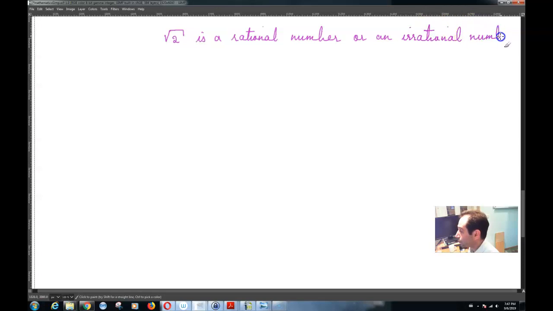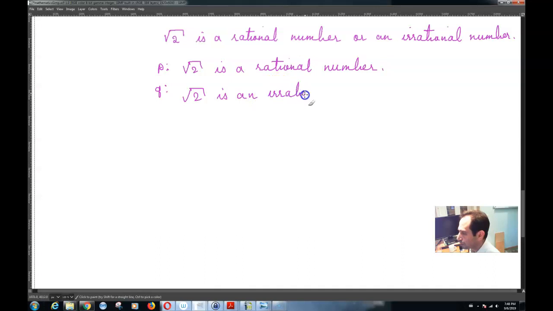The component statements, if you call them P and Q, would be: square root of 2 is a rational number, and square root of 2 is an irrational number.